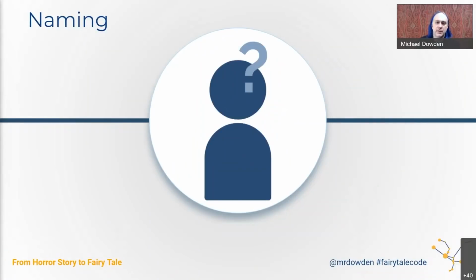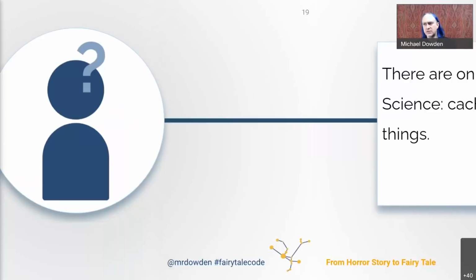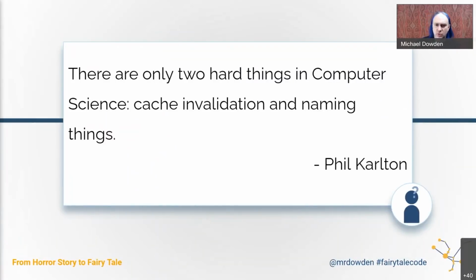Another thing that factors into code as communication is going to be naming. It's just one small aspect of code readability, but it is a fairly important one, and it's a fairly challenging one. In fact, this is an old quote from Phil Karlton, who was working on Netscape Navigator at the time, I believe.